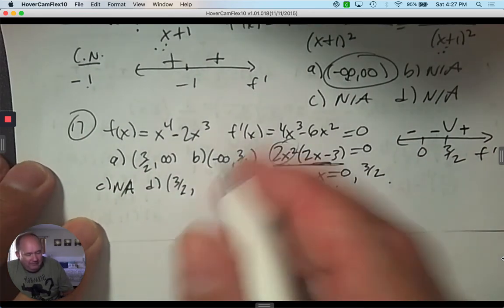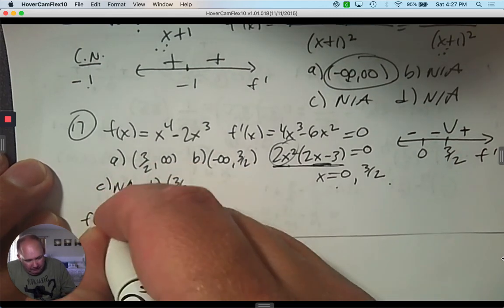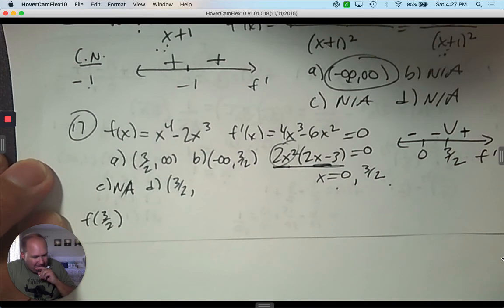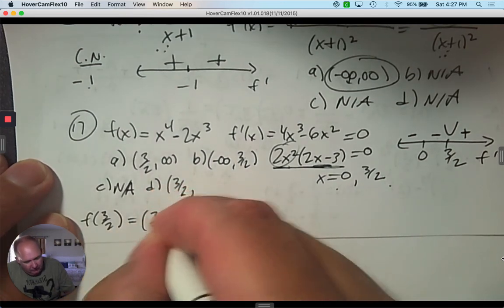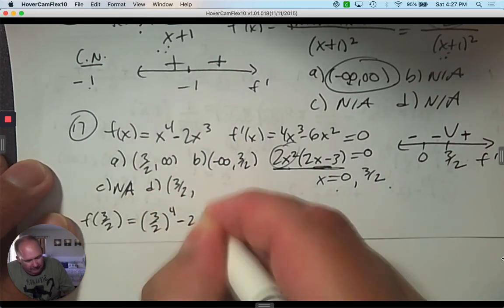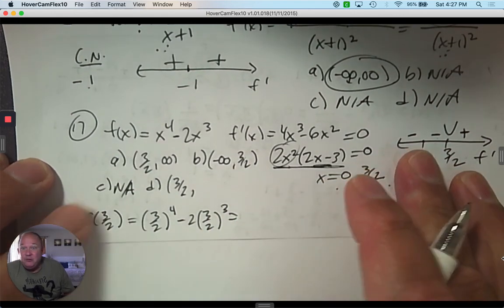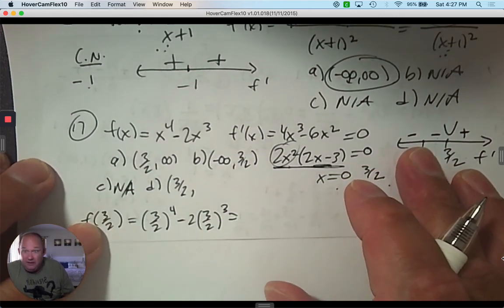And then how do I find the y-coordinate? Probably the hardest part of the problem is finding the y-coordinate of the minimum. So here we go. We'll do it together. So that would be 3 over 2 to the 4th, and then 2 times 3 over 2 cubed. And the answer is yes, you can do this if you had to.